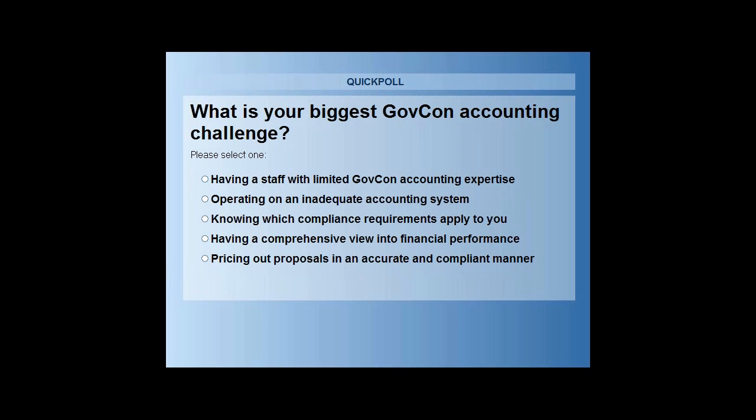Is it knowing which compliance requirements apply to you? That can be really tricky for people to navigate the CAS and FAR and figure that out. Or is it seeing a high-level overview into your financial performance or pricing? So we'll go ahead and keep this open for just a few more seconds. So feel free to get those responses rolling in.